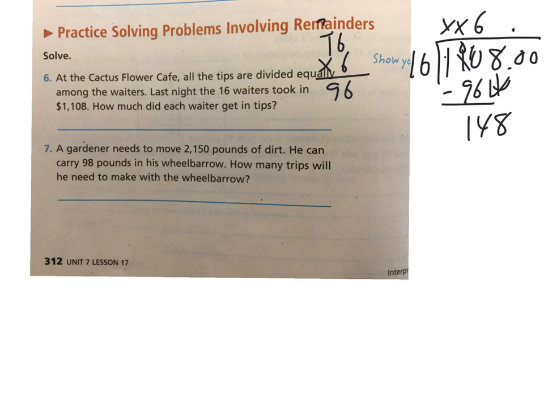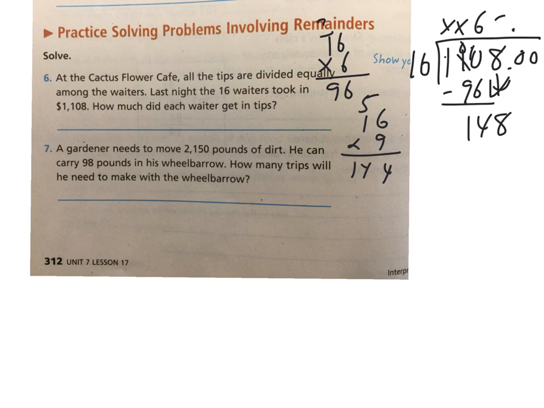All right, now how many times does 16 go into 148? Well, I know it goes in 6 times to make 96, so I'm going to jump up because 160 is what we multiply to get 10, so I'm going to see if it's 16 times 9. It's 54, plus 90, 144.